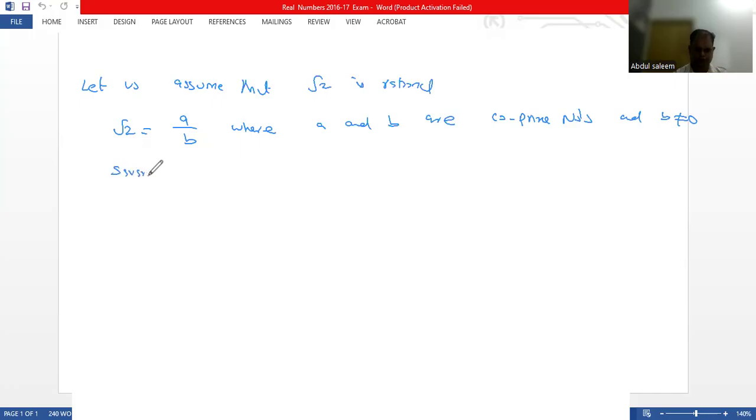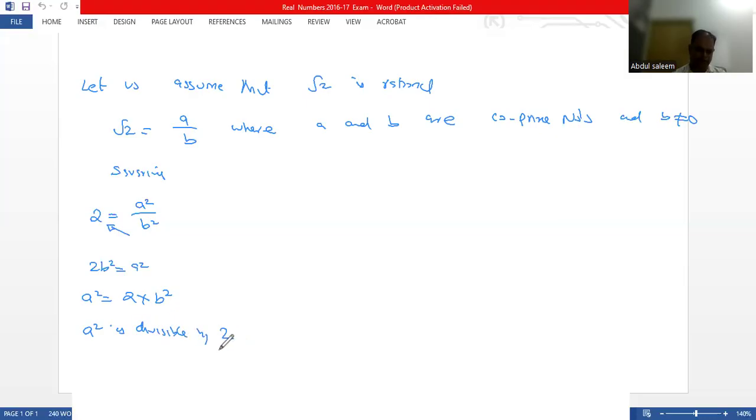So we square this relation. Squaring: root 2 square is 2, a square is a square, b square is b square. Just cross multiply: 2b square equals a square. That is, a square is 2 into b square, so a square is divisible by 2.